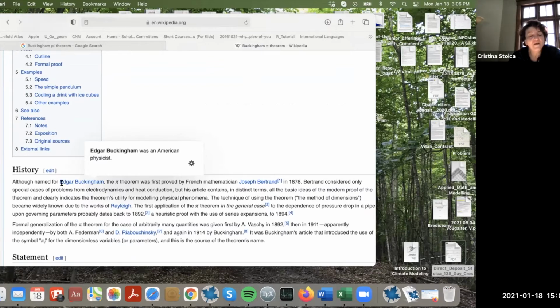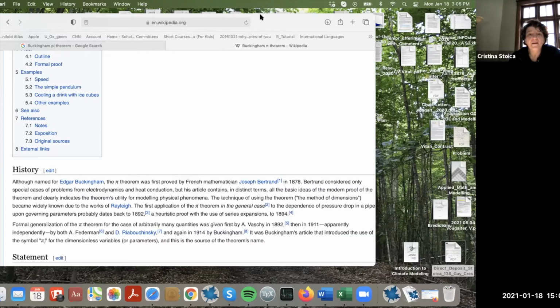Although named for Edgar Buckingham, the pi theorem was first proved by the French mathematician Joseph Bertrand. It's often that we learn these theorems by X and Y, and actually they're discovered or put down by Z and W. So there you go. I will let you read this page in peace whenever you have time.